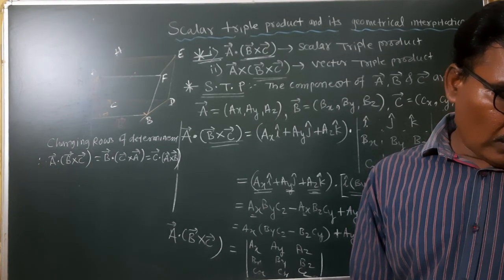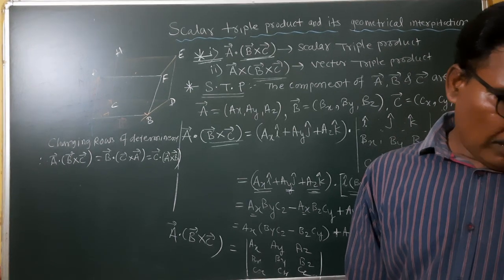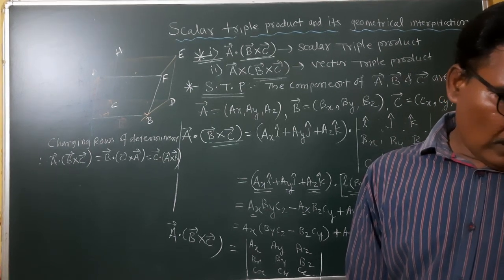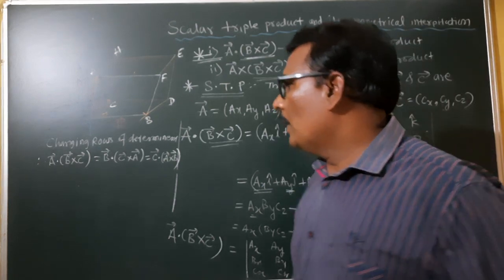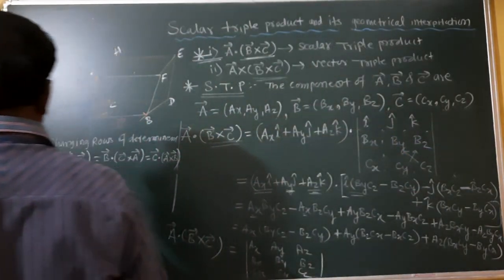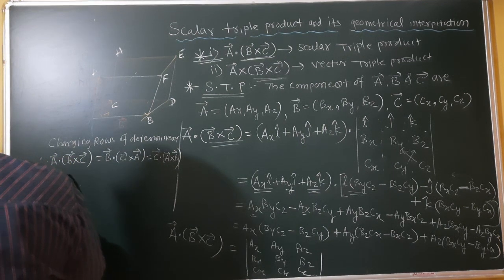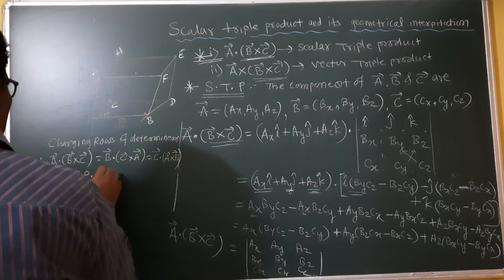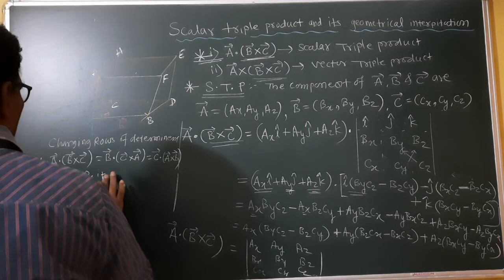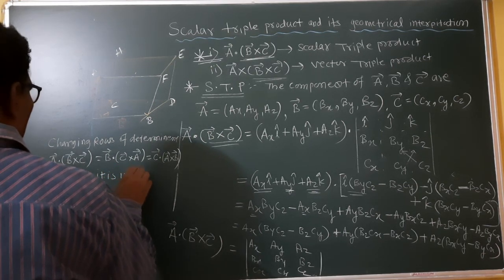This is the scalar triple product, and the dot product and cross product are interchangeable. So the scalar triple product is interchangeable.